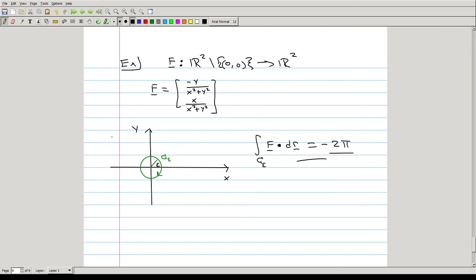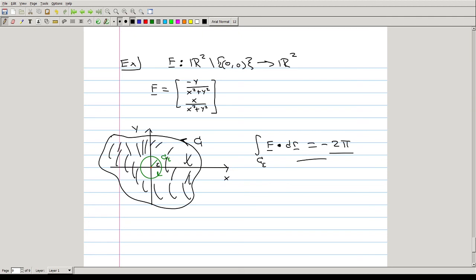And now if we consider any other curve that we want surrounding the origin, call this our curve C. This is the more advanced version of Green's theorem, by the way. Remember that we found that the curl of this vector field on its domain here is equal to 0.